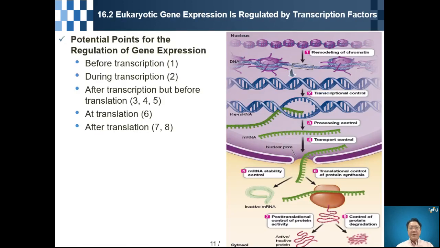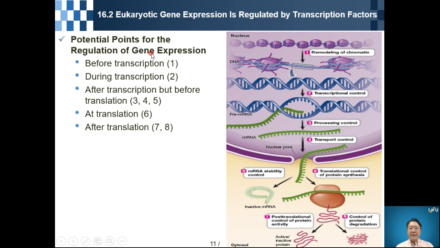Okay, so in this slide we will learn the second subject: eukaryotic gene expression is regulated by transcription factors. This picture shows the potential points for regulation of gene expression.